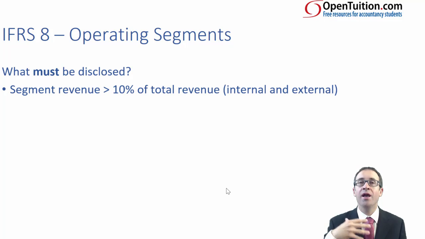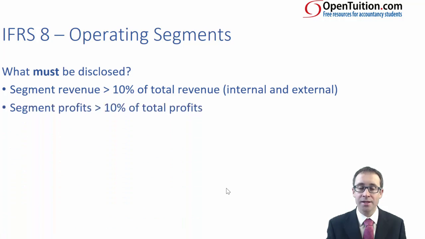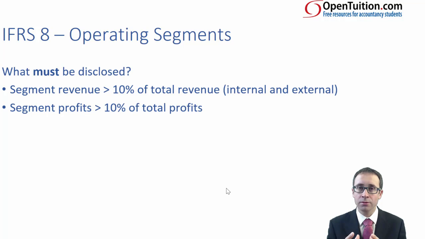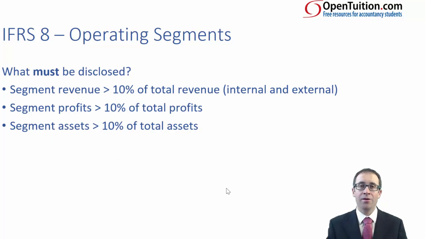However, there is then a further 10% test, and that applies to profits. So you look at the segment's profits. If the segment's profits are greater than 10% of the group profits, then it's significant and must be disclosed. If it's not greater than 10% of the group profits, then it's not disclosed, unless we then look at the asset 10% test.